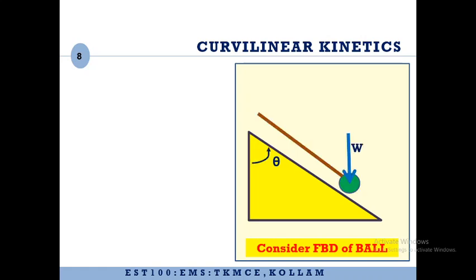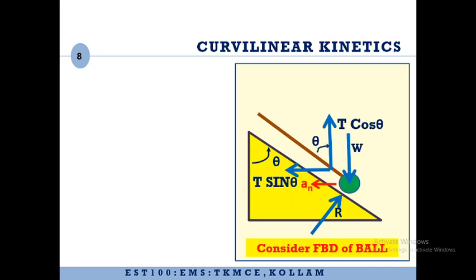We have the weight acting vertically downward, tension is acting along the string. So if this angle is theta, we can resolve tension into its vertical and horizontal components. Then we have normal reaction. When the ball is going to lose contact, the magnitude of R will be equal to 0.